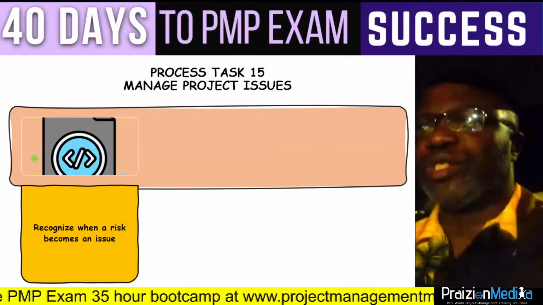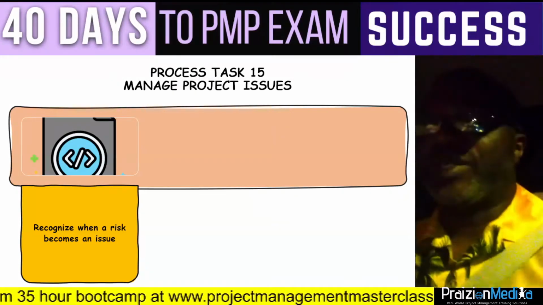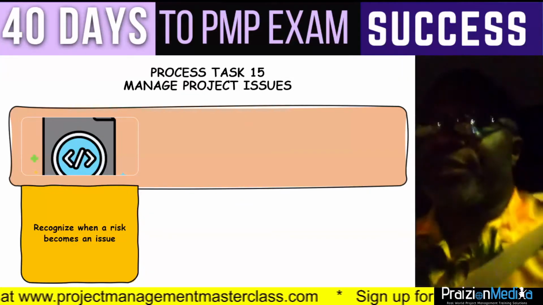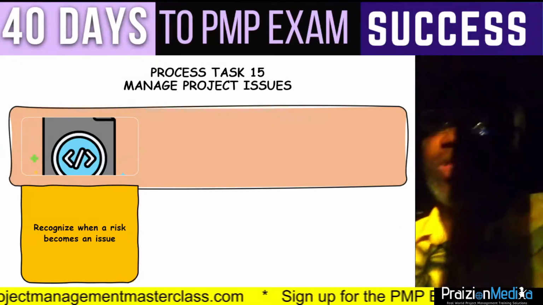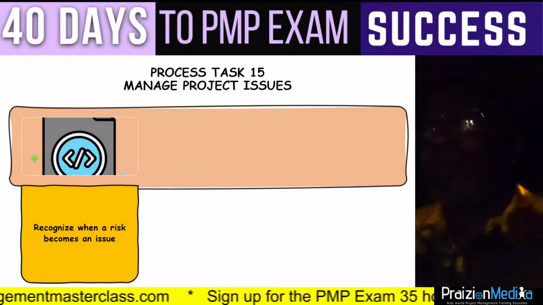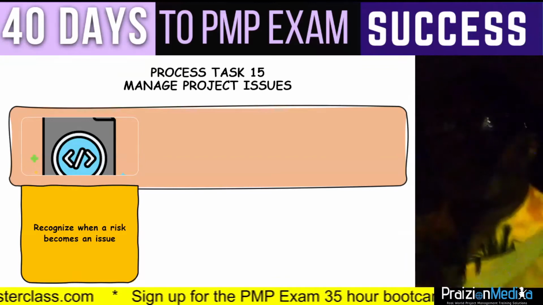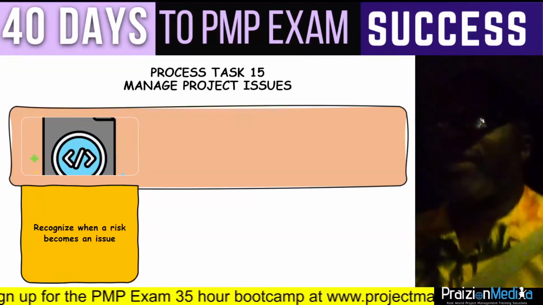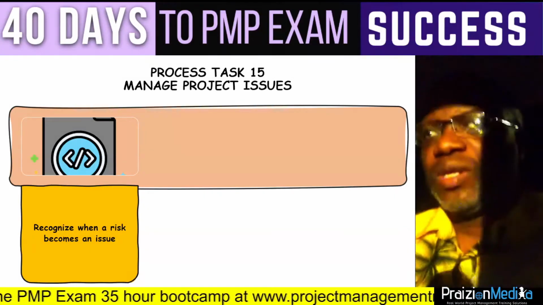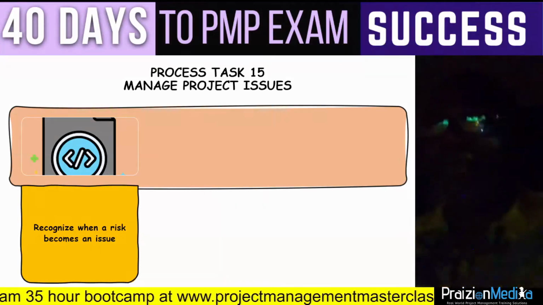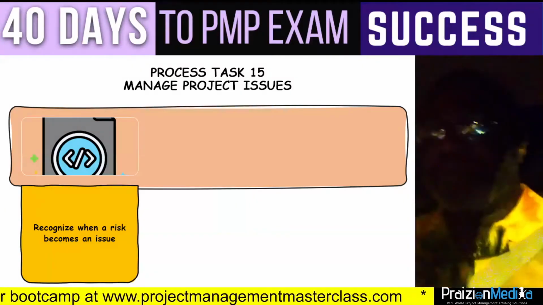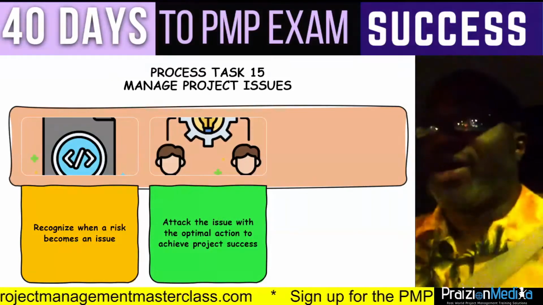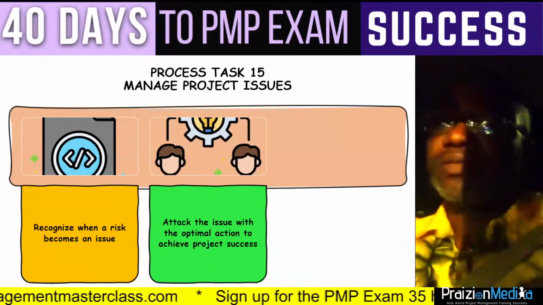And you got to attack the issue with the optimal action for project success, because there are some issues, if you don't attack them with optimal action, ain't none gonna happen, or something slight would happen and you're still left with a significant part of the problem. So you need to attack it with all vehemence to ensure that your project outcome is what you are looking for, which is success. Okay?